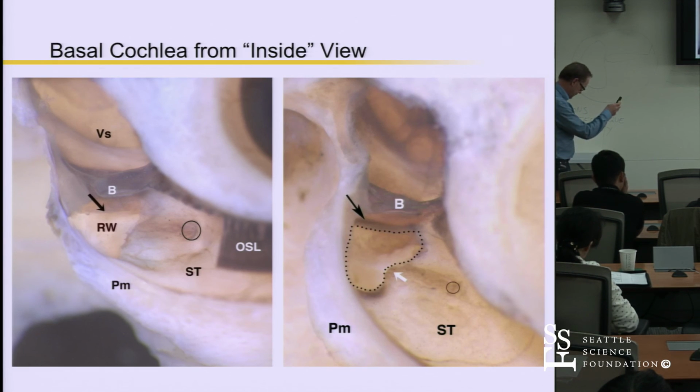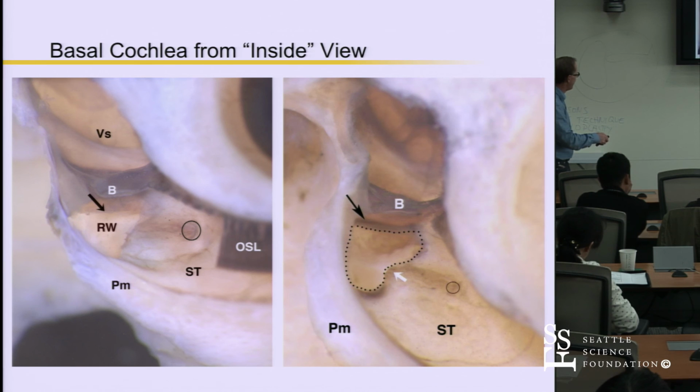Now, here's a couple pictures for you. This is a view of the cochlea from inside the basal turn. So we're looking back to the round window membrane. It's very confusing because you don't usually see this view. But the point I want to make is the basilar membrane is coming in and attaching right to the superior surface of the round window membrane.